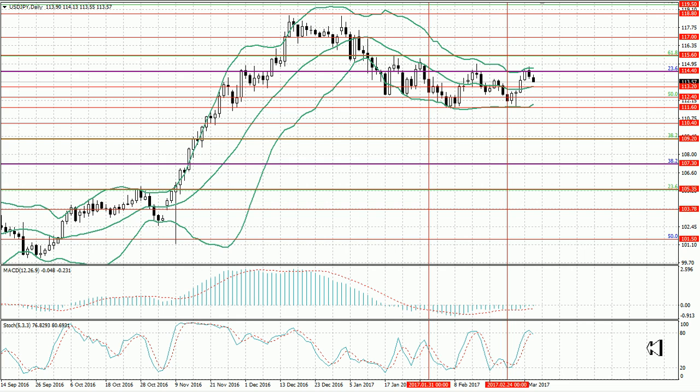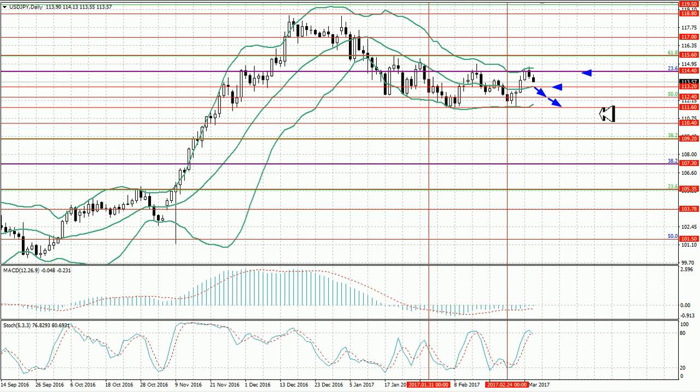Now, last week, the USD-JPY pair rebounded from the upper border of the sideways channel, 114.40, and now is being corrected to the middle line of the Bollinger Bands indicator at 113.20. In case of the breakout, the further lowering to the levels of 112.40 and 111.60 is possible.